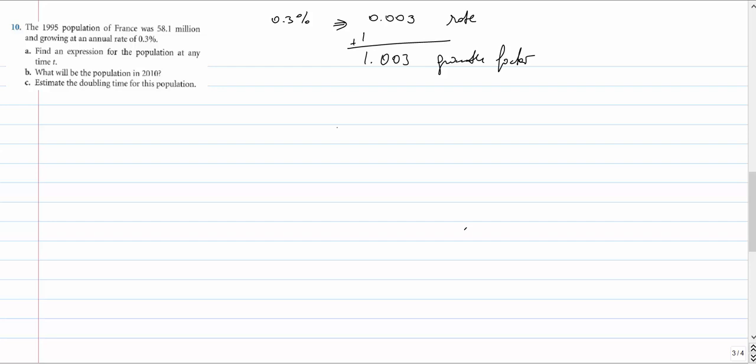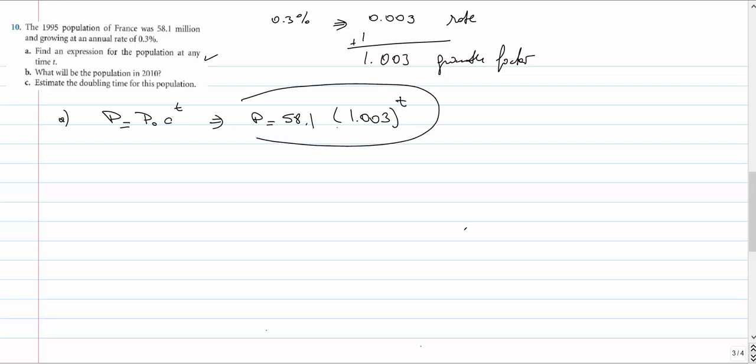The first question is to find an expression for the population at any time t. Find a model. So population equals p sub 0 times the growth factor to the power t. So the population is 58.1 million, the original, times my growth factor to the power t. That is the answer for A. What will be the population in 2010?